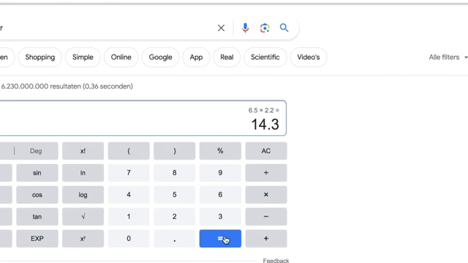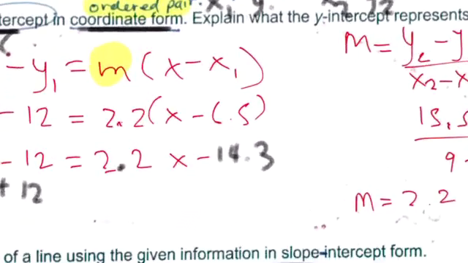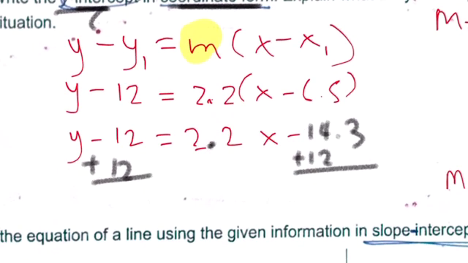Oh no, no parentheses here, just net. I need to minimize this so you can see what I'm doing. And then you add 12 to both sides. So you have y equals 2.2x minus 2.3.